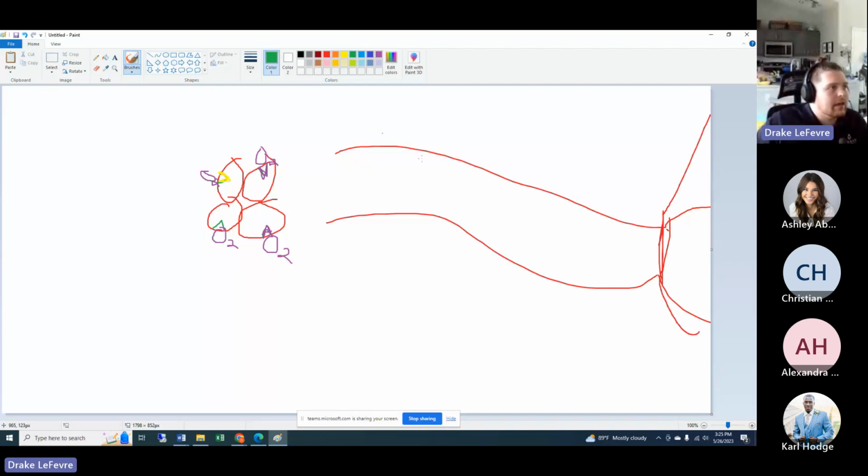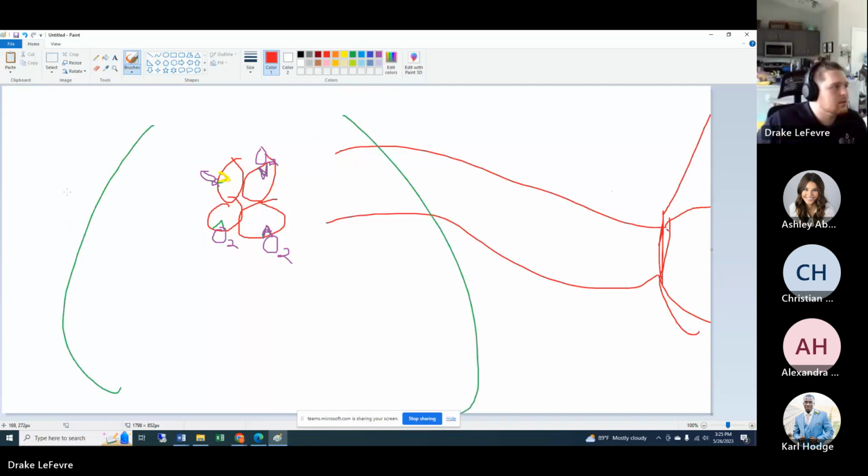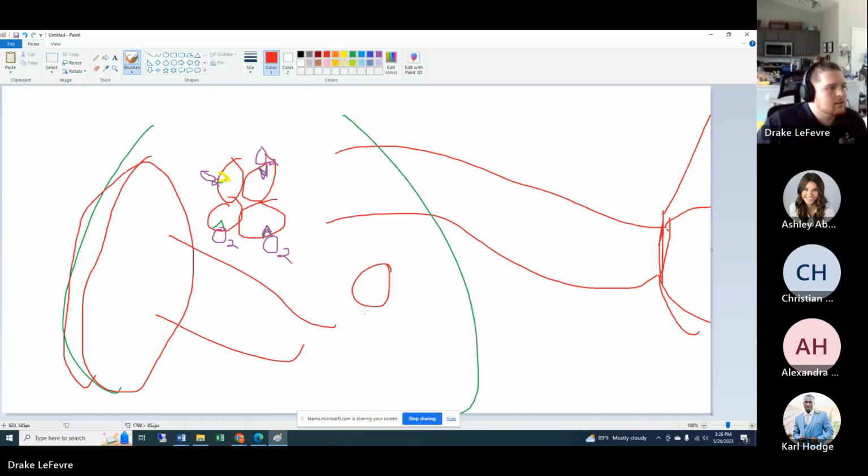The way that oxygen is actually passed, technically it's at the placenta. So here's the uterine wall. Here's the placenta that's attached to it, and the cord that goes to the little baby.